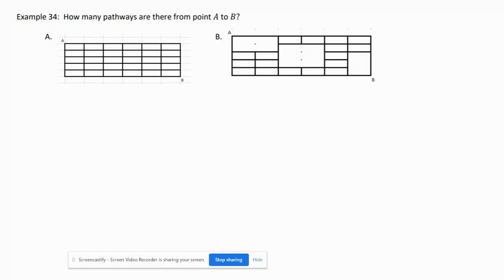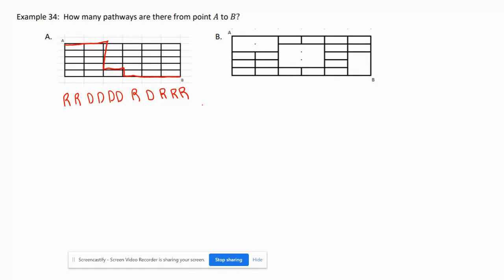So every time you move, you're moving either to the right or down. Here's what one pathway would be. This would be right, right, down, down, down, down, right, down, right, right, right.